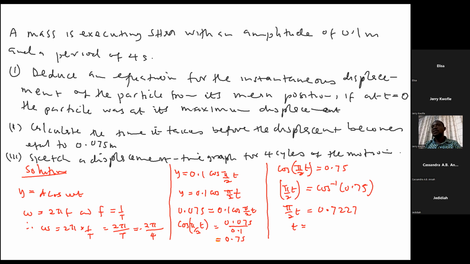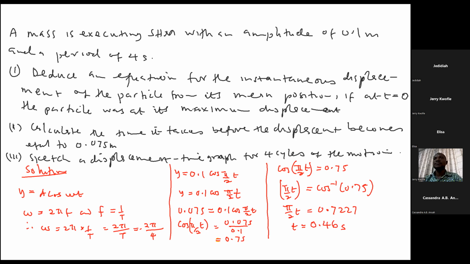If you make t the subject, you have what? 0.46. To the rest of you, is that answer correct? Yes, please. 0.46 seconds. Okay, so that is the time it will take before the displacement becomes 0.075.